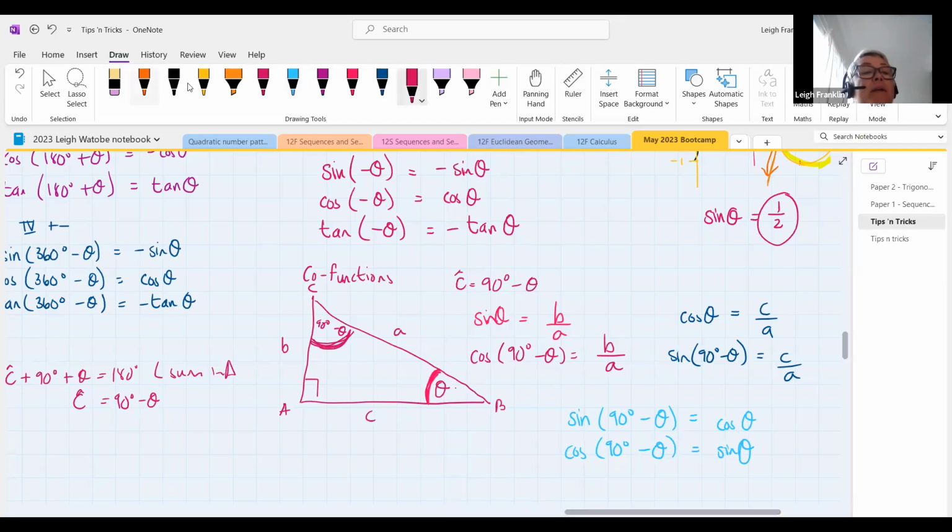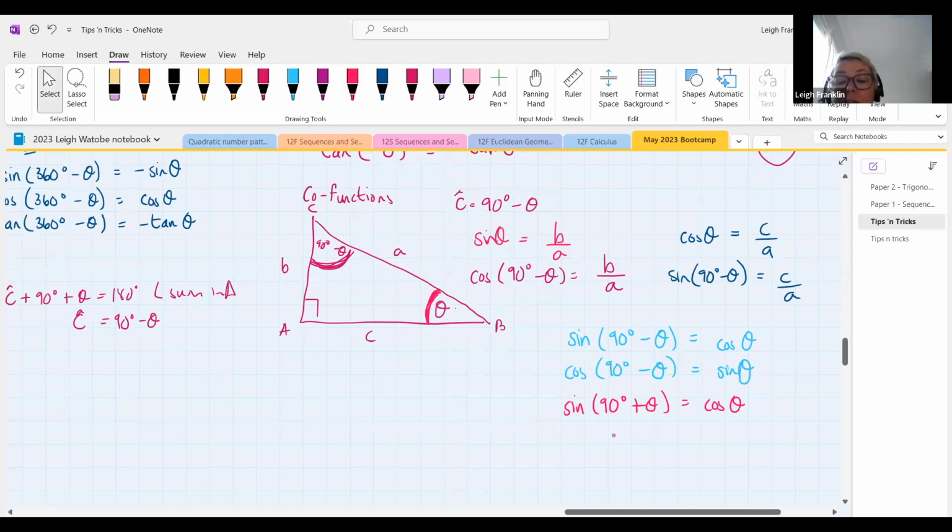And then your other co-function, if there is time one day for me to explain where it comes from, is sine of 90 plus theta. That's the second quadrant, so it becomes positive cos theta. And then we have the cos of 90 plus theta.